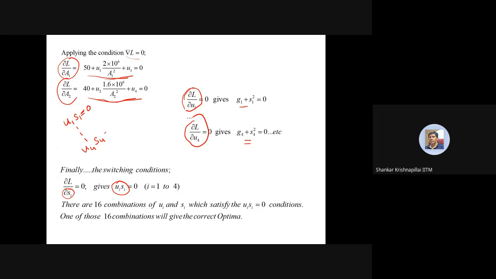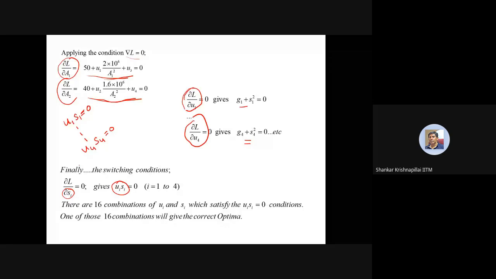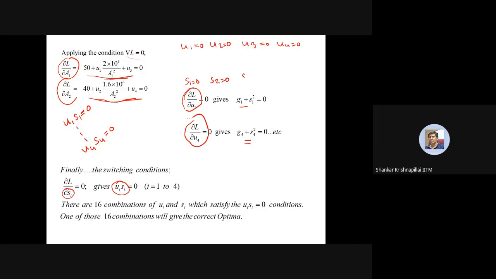So this will give 16 different combinations of switching conditions. Okay, the first combination is U1 is equal to 0, U2 is equal to 0, then U3 is equal to 0, U4 is equal to 0. And the last one is S1 is equal to 0, S2 is equal to 0, S3 is equal to 0, S4 is equal to 0.